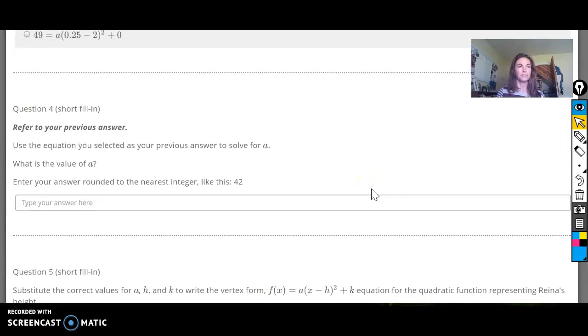Scroll down. Okay, so we're going to use that equation that we just came up with to solve for the value of a. So let's rewrite that equation. 0 equals a times the quantity 2 minus 0.25 squared plus 49.